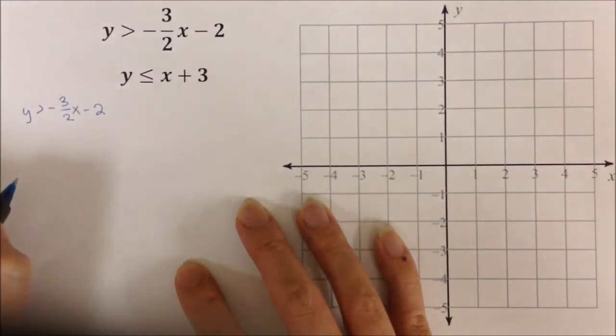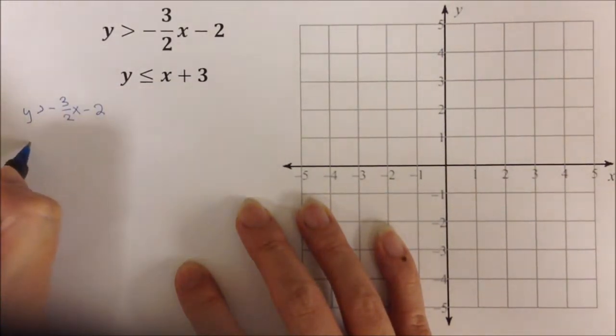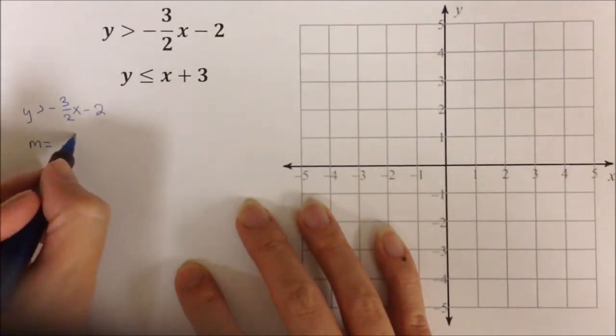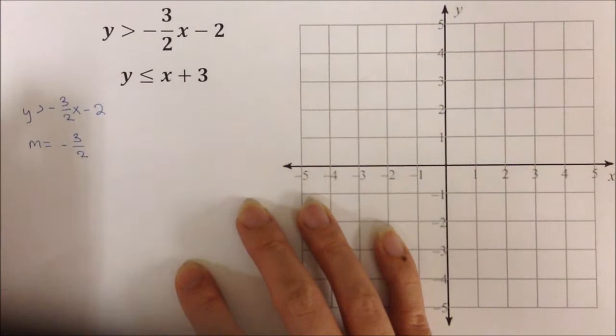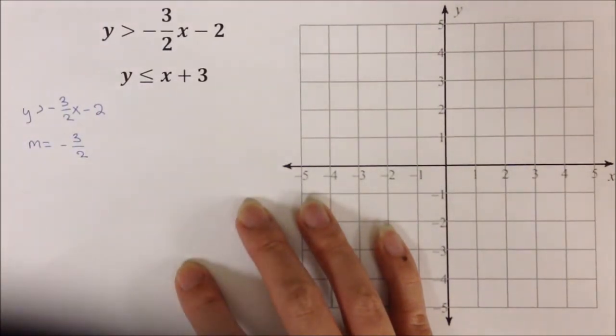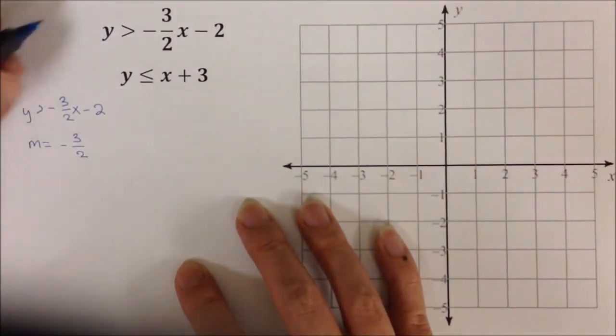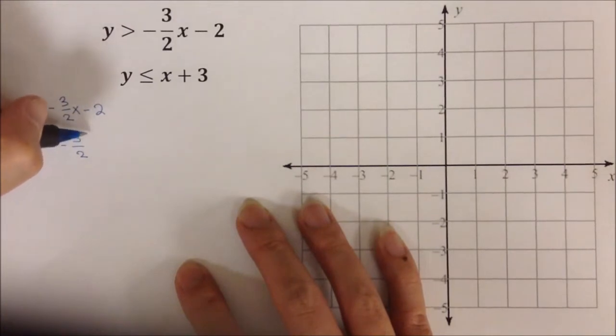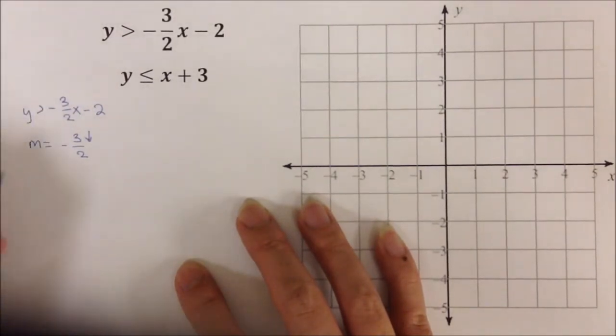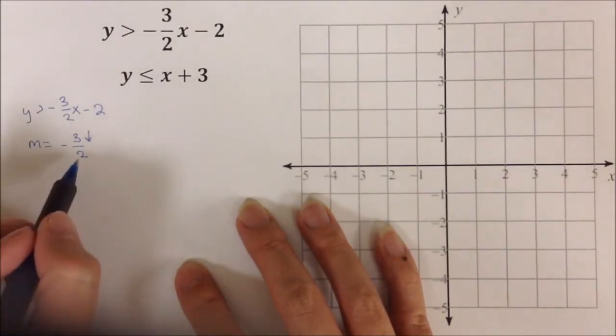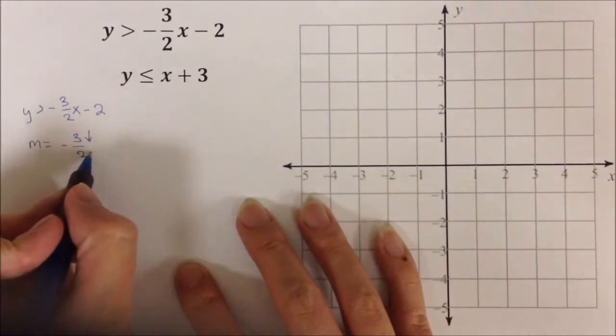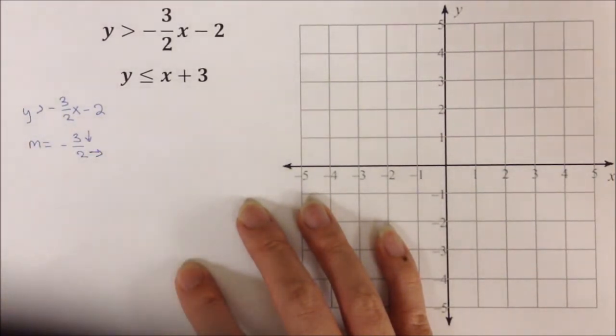My slope m is the number in front of x, so negative 3 over 2. Since it's negative 3 over 2, the numerator tells me to go down 3 units, and the denominator tells me to go to the right 2 units.